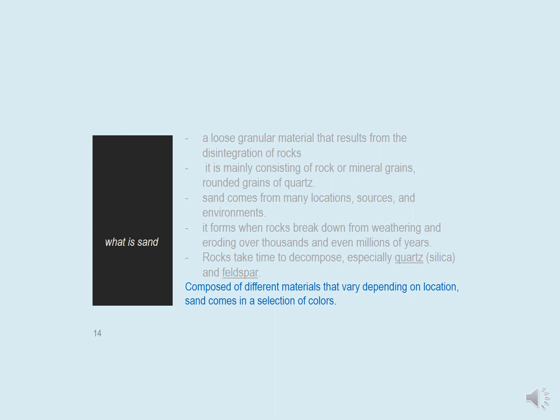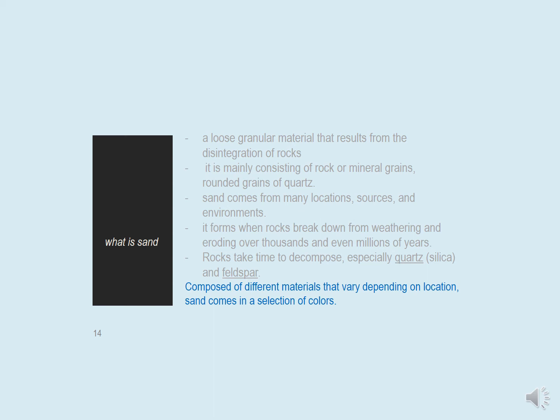Sand forms when rocks break down from weathering and eroding over thousands and even millions of years. Rocks take time to decompose, especially quartz and feldspar. I'm going to show in the next slide these two types of rocks.